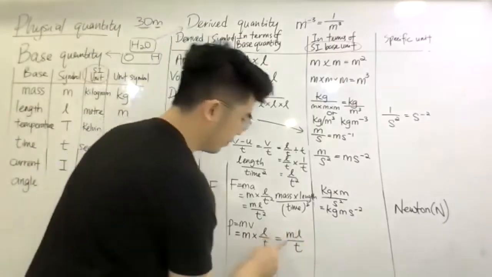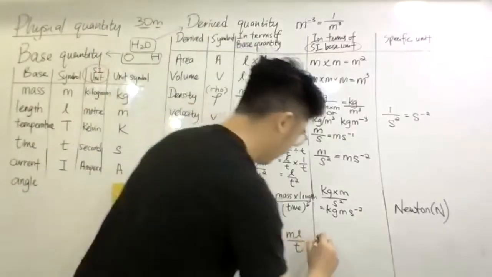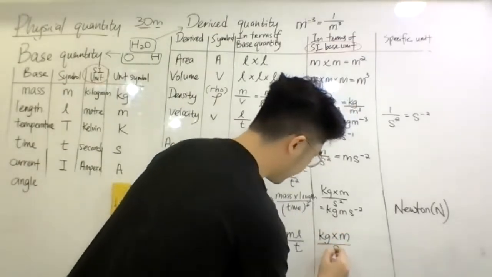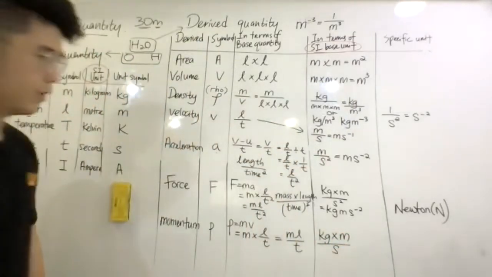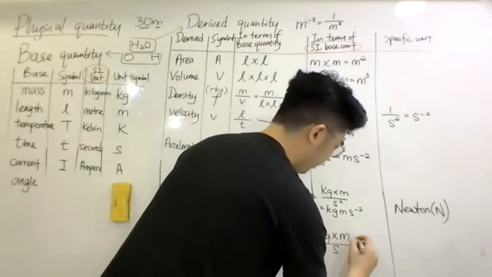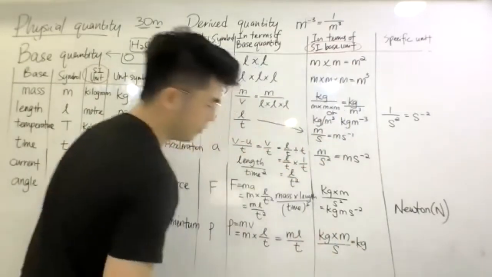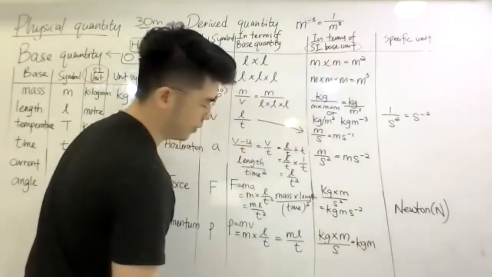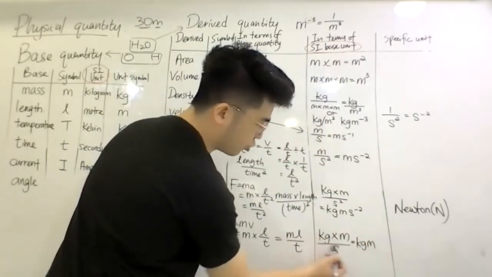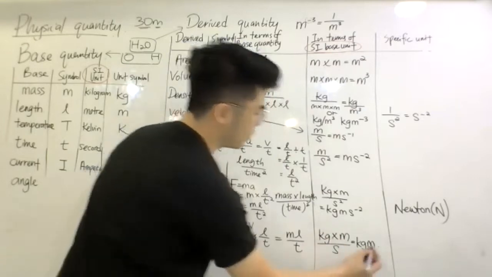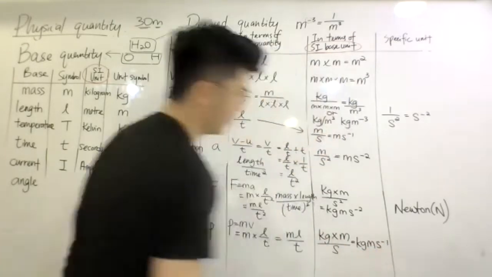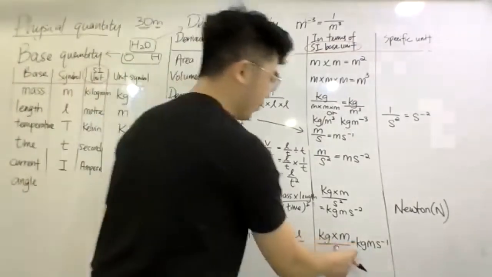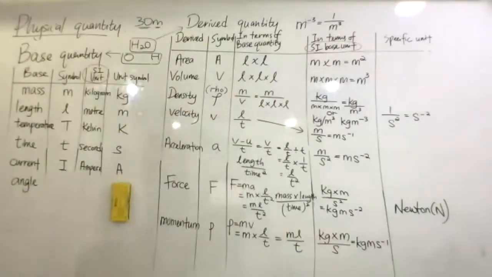Okay, unit: kg times meter over second. So kg times m, combine as kgm, then divide by second, 1 over second, so this is s minus 1. kg m s minus 1. This is the unit for momentum.